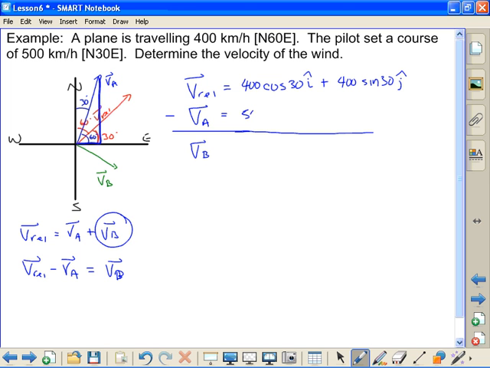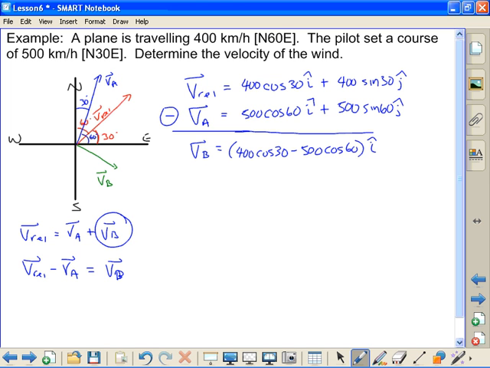So 500 cos 60 i plus 500 sine 60 j. We're doing subtraction, so my answer would be 400 cos 30 minus 500 cos 60 i plus 400 sine 30 minus 500 sine 60 j. So there is my wind vector right there.